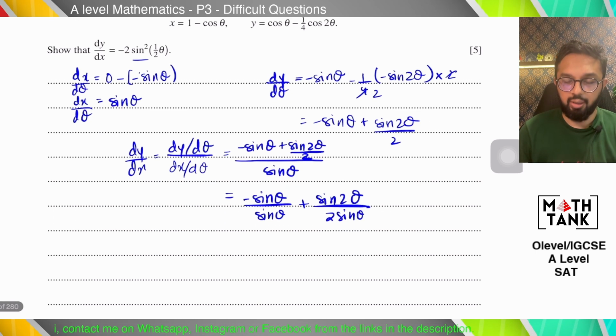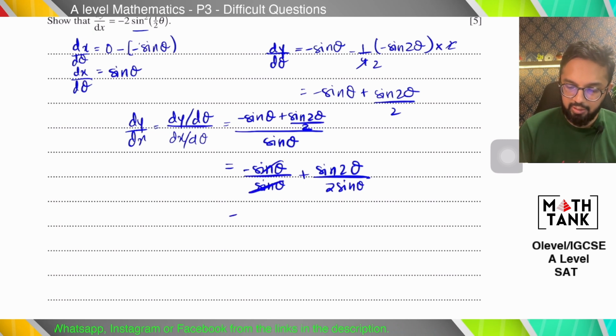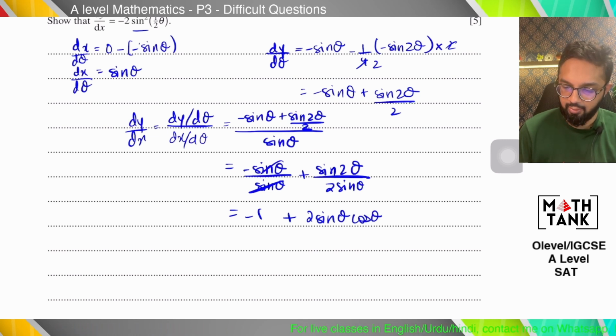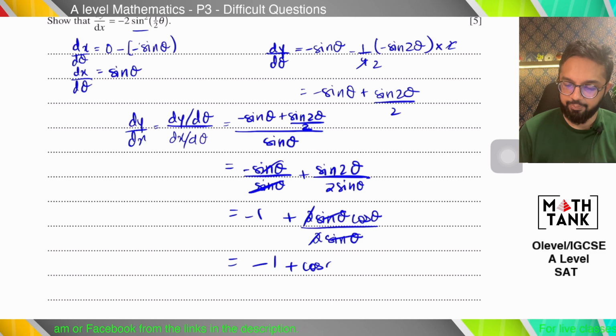I divided the denominator into both. I get minus 1 plus 2 sine theta, so I get minus 1 plus cos theta.